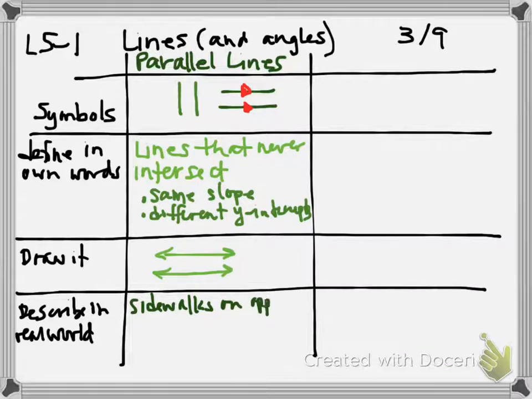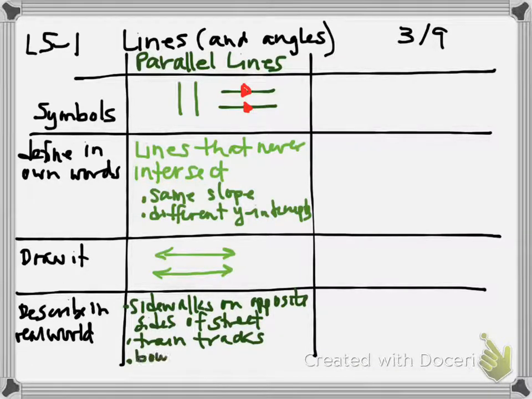I'll say opposite sides of the street. Okay. Train tracks. Okay, so the lines for the crosswalk, all right. So I'm going to call them boundary lines of the crosswalk. All right, great.